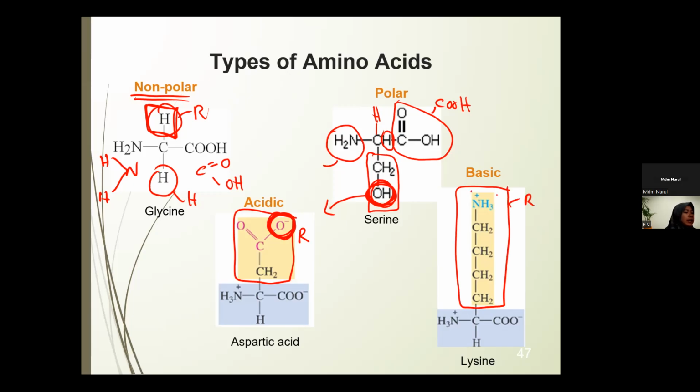And the R group is positively charged. That is more important for you to understand. Soalan akan keluar, exam, dia akan bagi awak gambar ni. Dia suruh you pilih which one is polar ke, non-polar ke, whatever. Right? Okay.